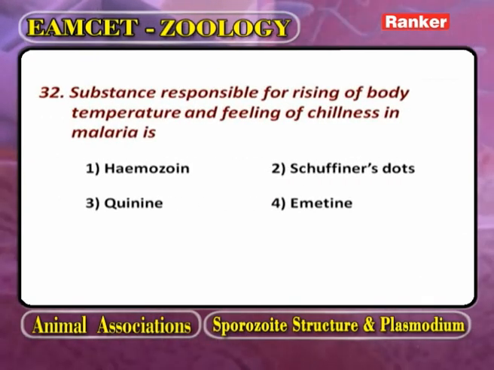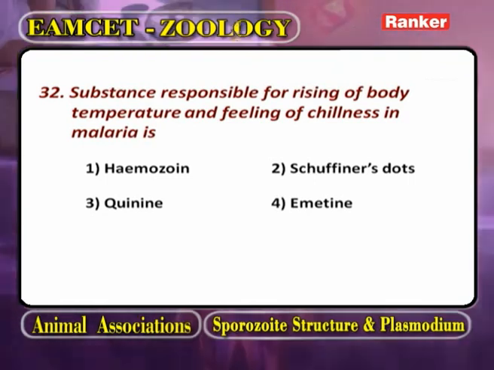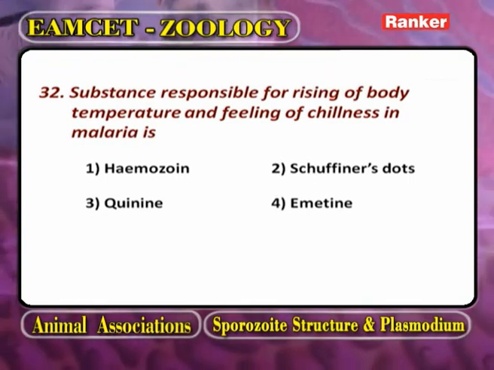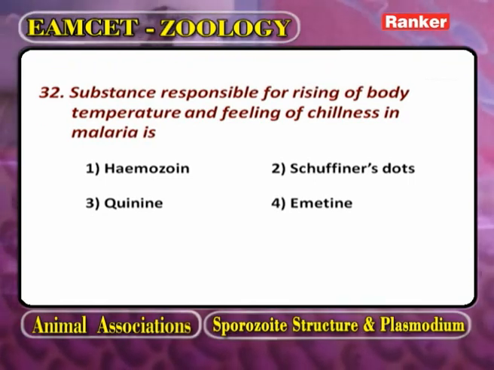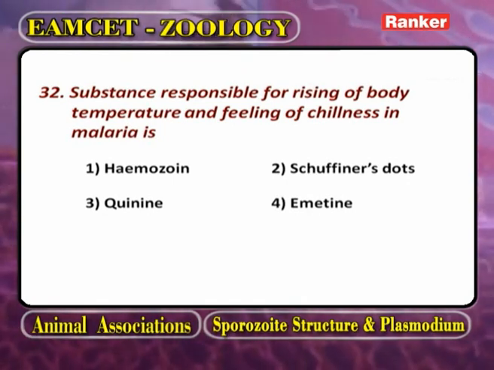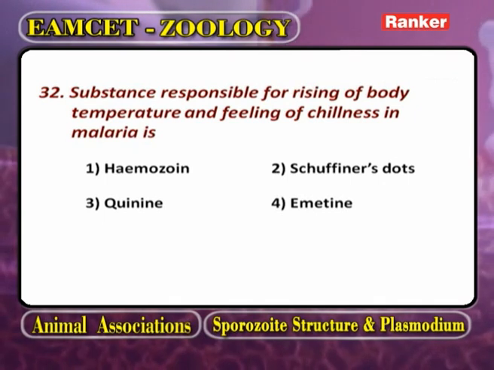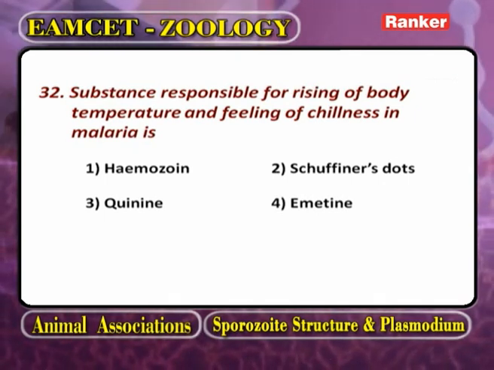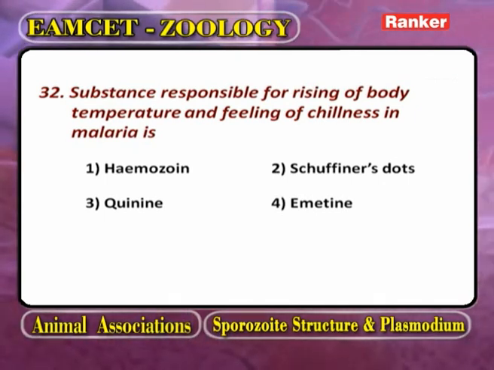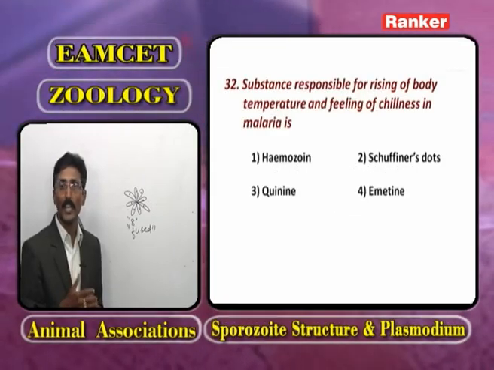Substance responsible for raising body temperature and feeling chillness in malaria. After completing the Golgi cycle, we get the poisonous haemozoin granules. Whenever they mix with blood plasma, we get the symptoms of malaria.